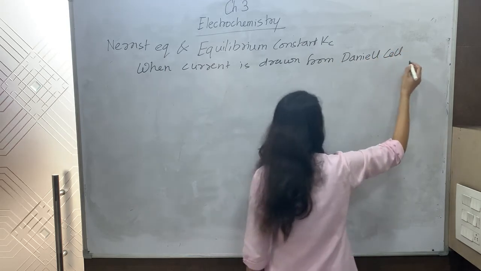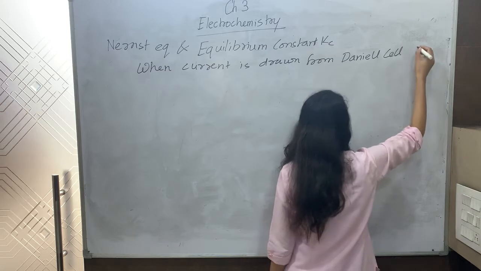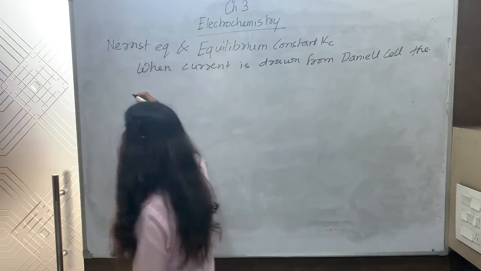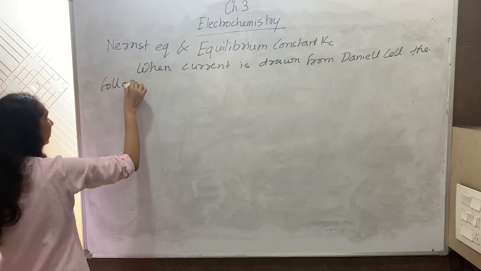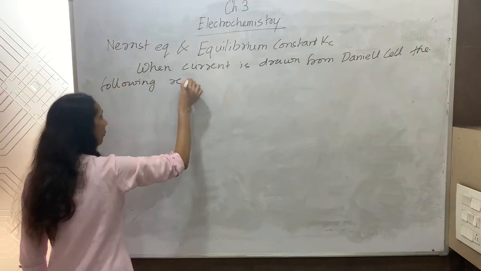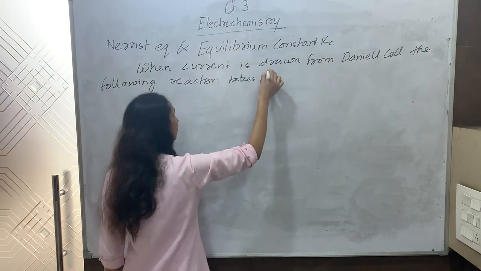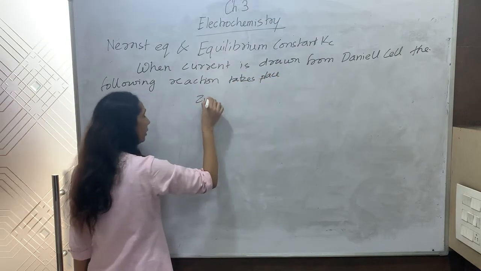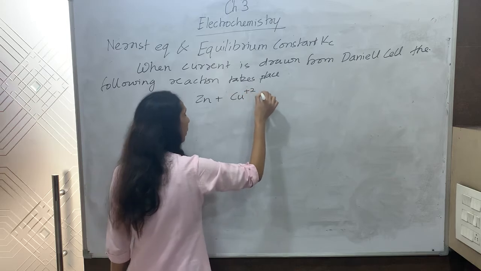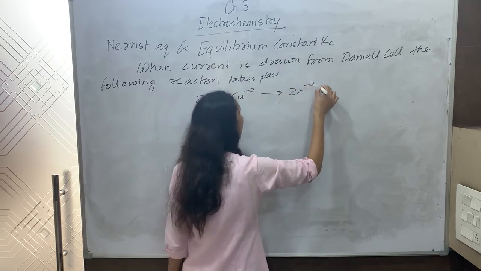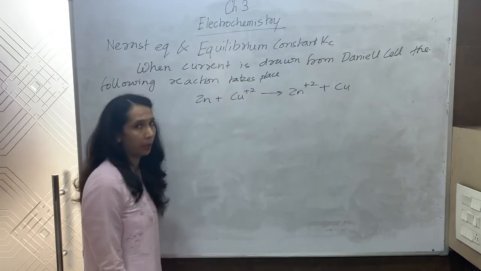When current is drawn from the Daniell cell, the following reaction takes place: Zn plus Cu2+ will give you Zn2+ plus Cu.